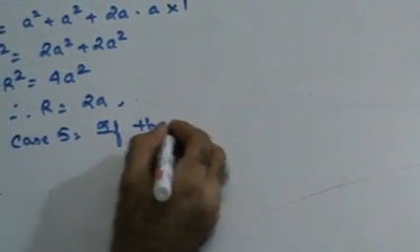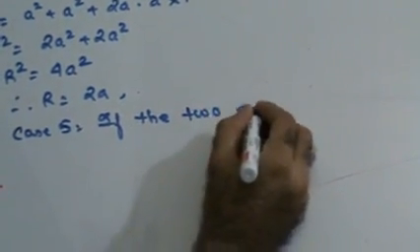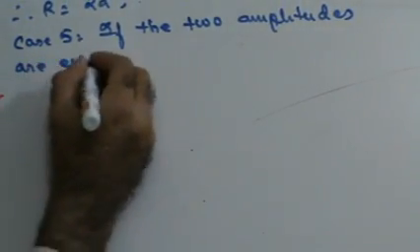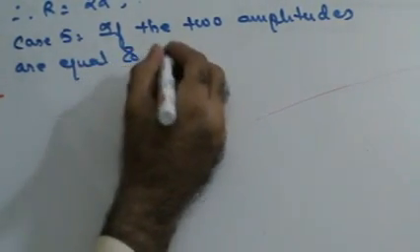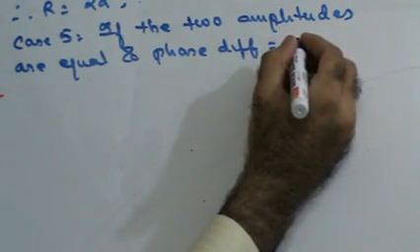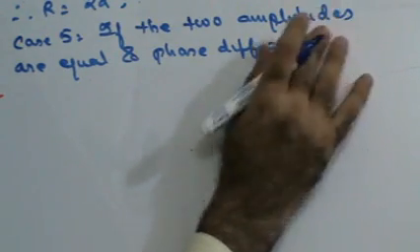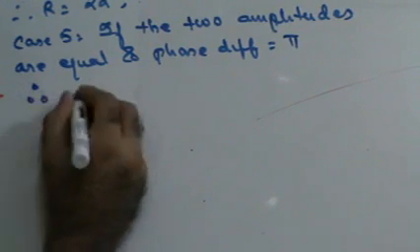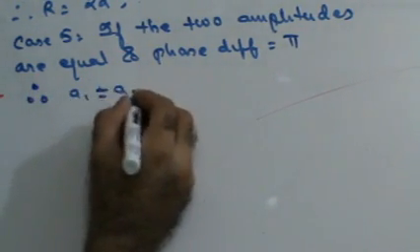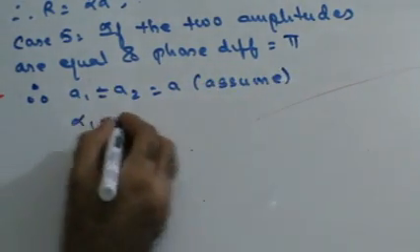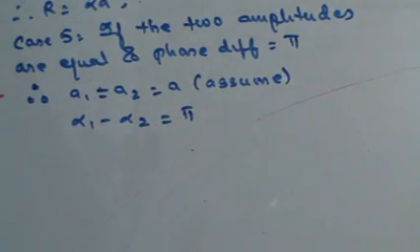If the two amplitudes are equal and the phase difference is pi, then A1 is equal to A2 is equal to A, assumed, and alpha 1 minus alpha 2 is equal to pi.